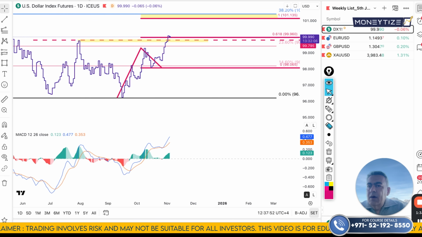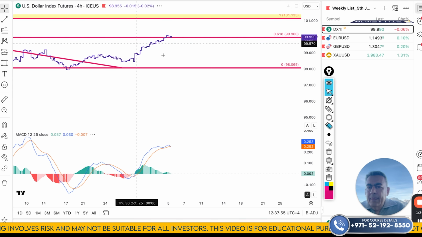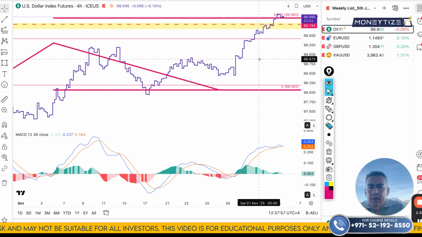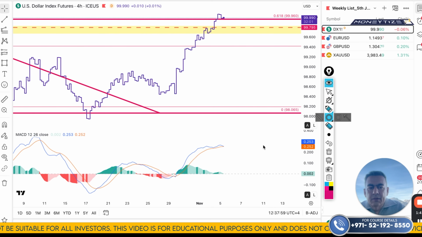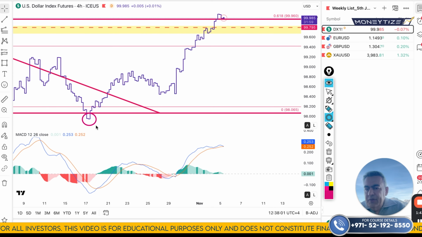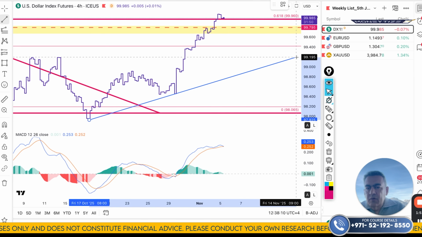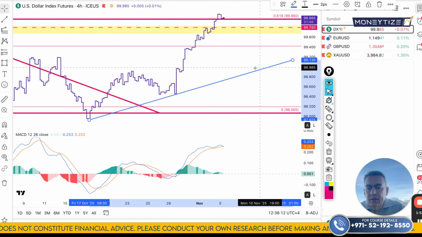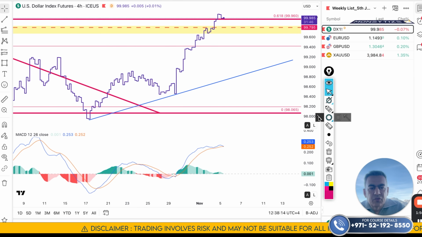Highlighted, and now I'm moving to the 4-hourly frame. Now on the 4-hourly frame, I'll start from the lowest of 4H. So this is our point A, point B, and point C here, and currently it is maintaining its rising trend. I'm going to connect with a rising trend line. No signs against, there is no divergence here.